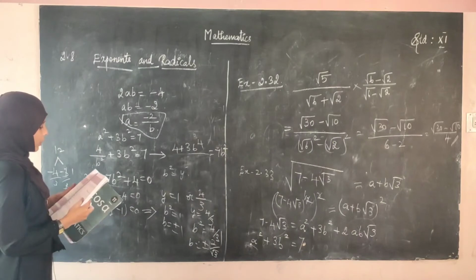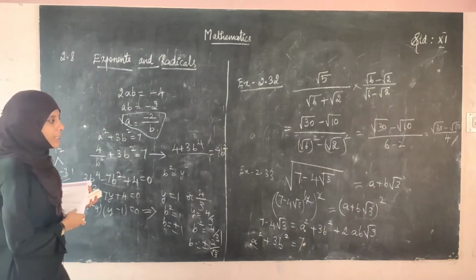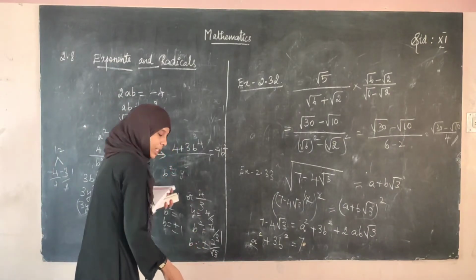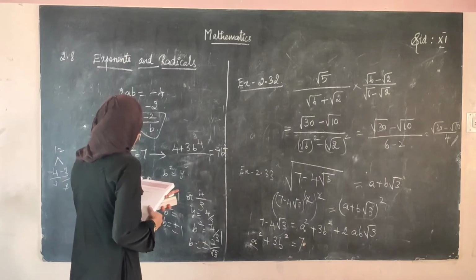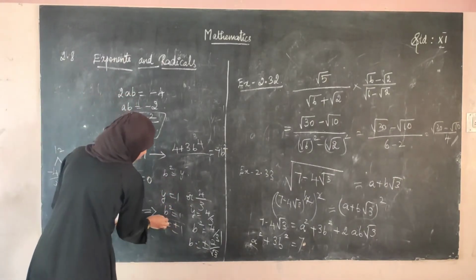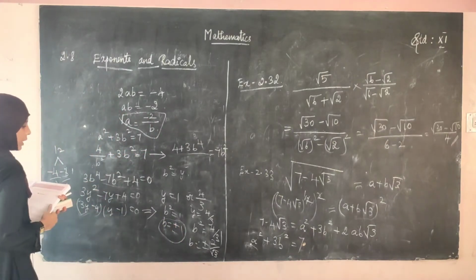Okay, but what we have in the question, first of all what we have seen is that b is a rational number. So 2 divided by root 3 is irrational, right?